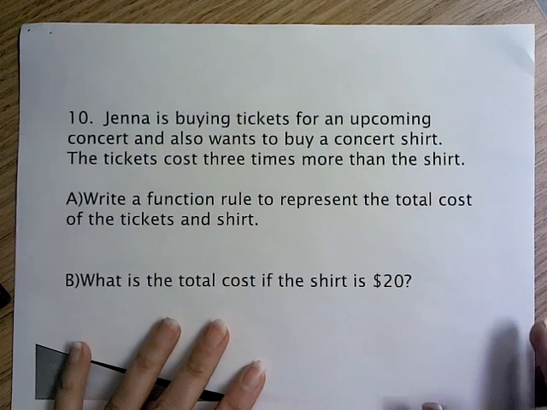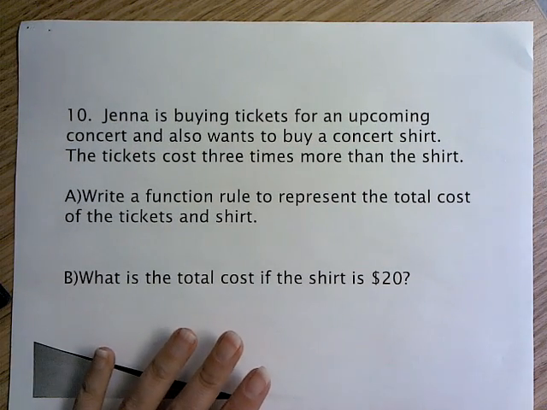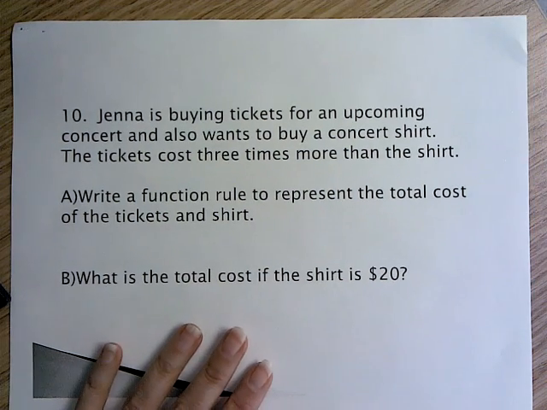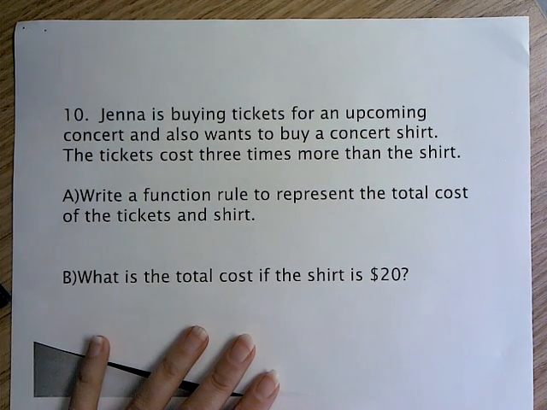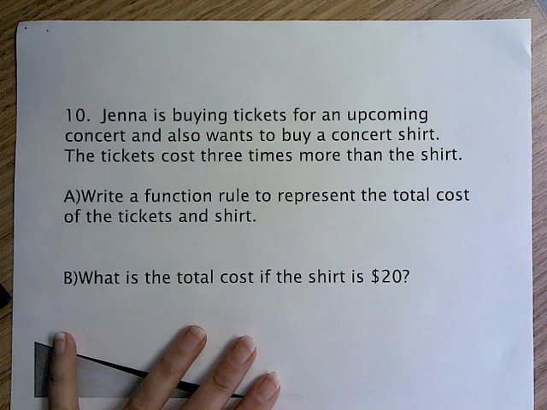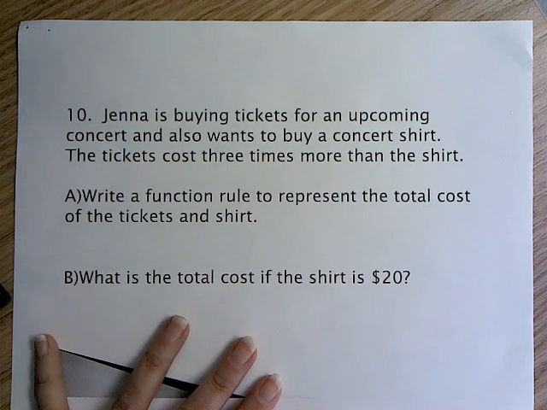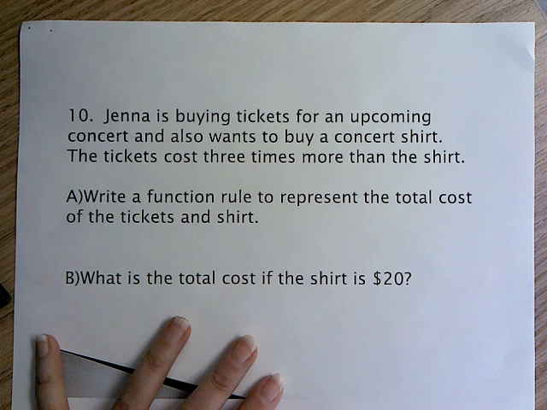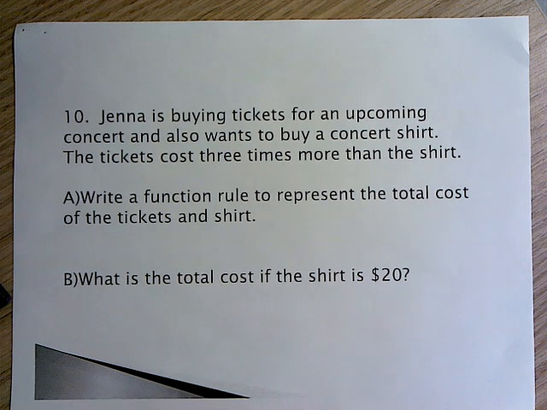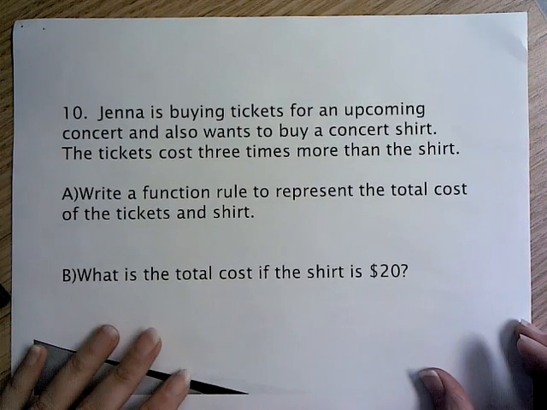Last but not least, we have our favorite, word problems. All right, let's just take this one step at a time. Jenna is buying a ticket for an upcoming concert and also wants to buy a concert shirt. The ticket costs 3 times more than the shirt. Write a function rule to represent the total cost of the tickets, and then they want to know what the cost is. So let's start by talking about our variables and making this as simple as we can.